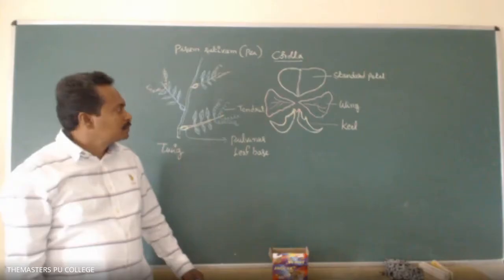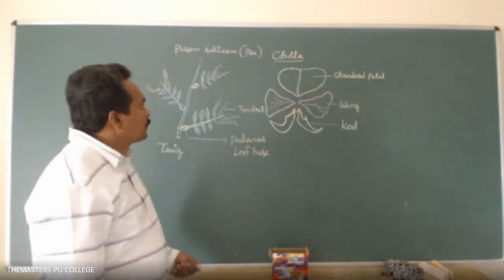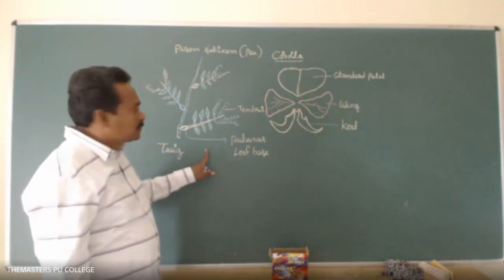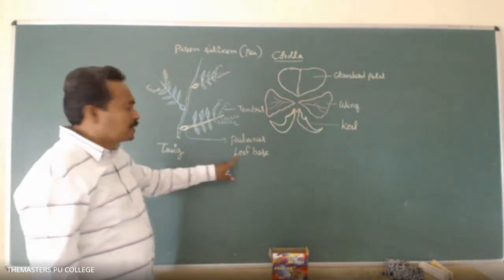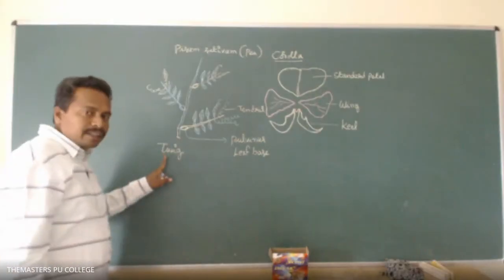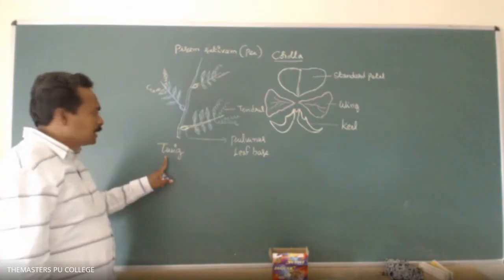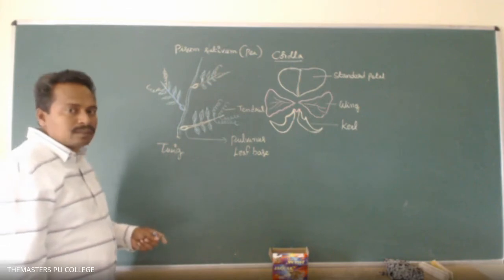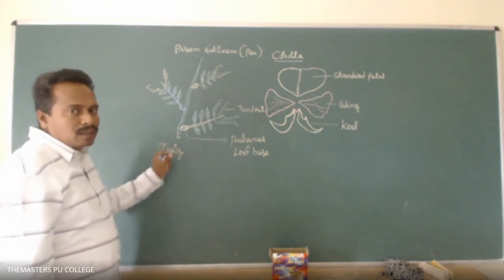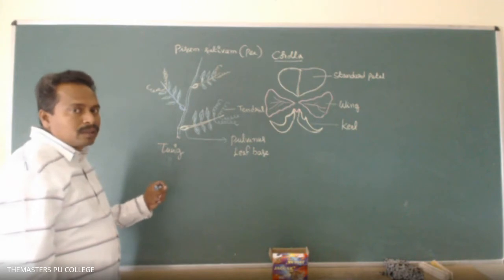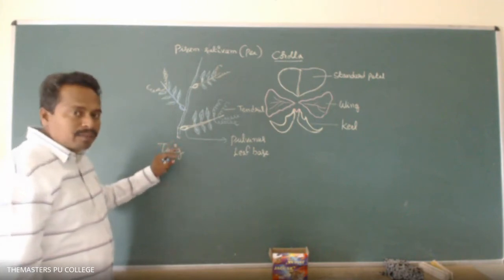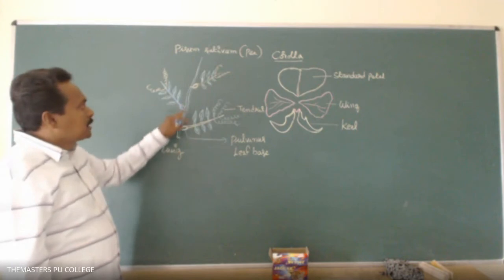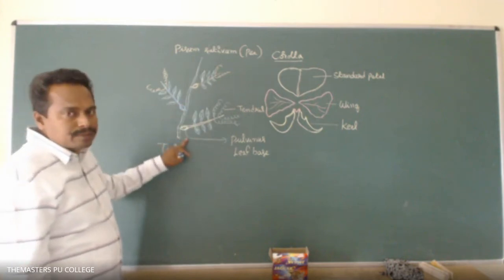Sir, in the first diagram, what is that last word, sir? Left twig. Twig, sir. What is that, sir? So the small part of the Pisum sativum plant that consists of a few leaves.